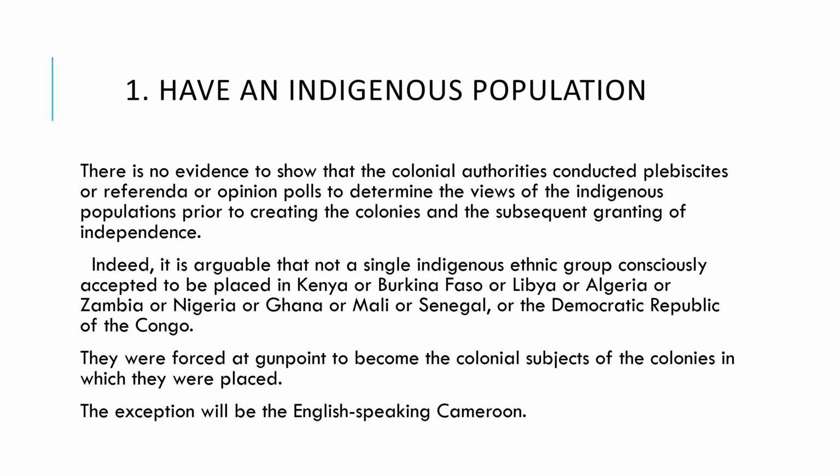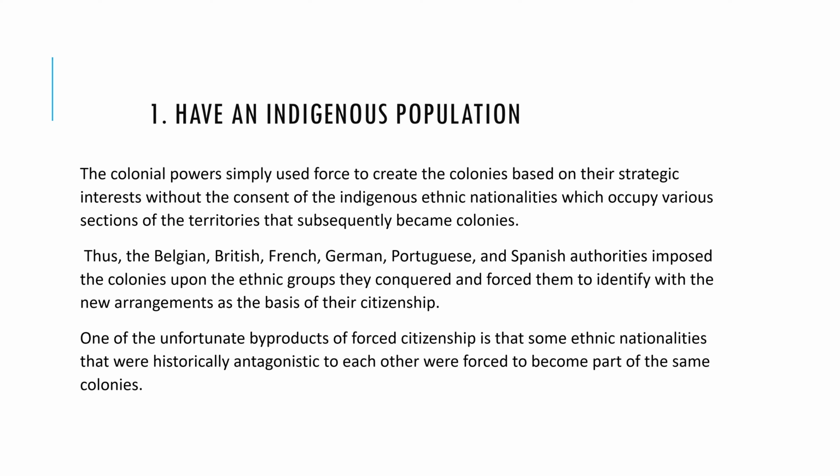The colonial powers simply used force to create the colonies based on their strategic interests without the consent of the indigenous ethnic nationalities which occupy various sections of the territories that subsequently became colonies.